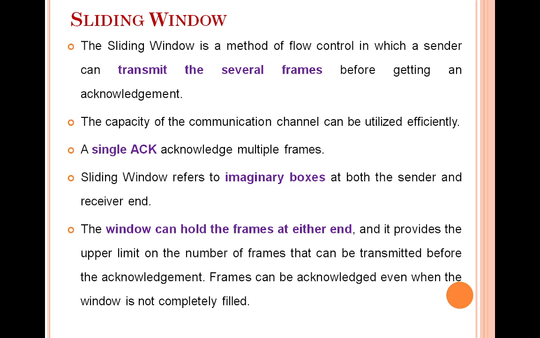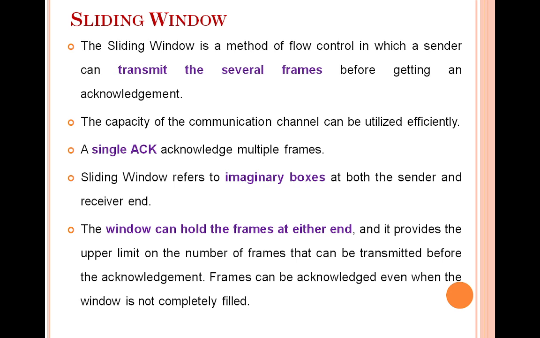From the sender side, if it wants to send data frames, the window will expand. Once the sender device receives the acknowledgement signal from the receiver, it will shrink. At the receiver side, it is opposite. Initially, the receiver side window, the imaginary box, is empty.